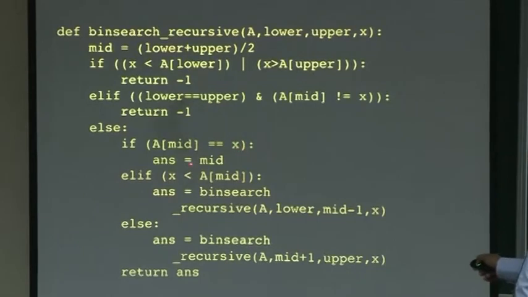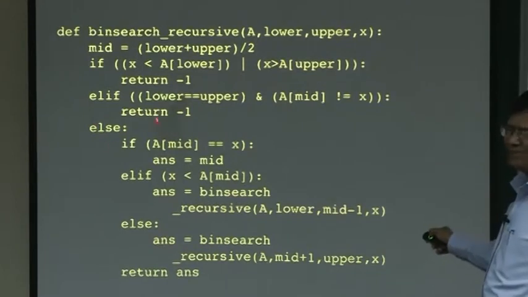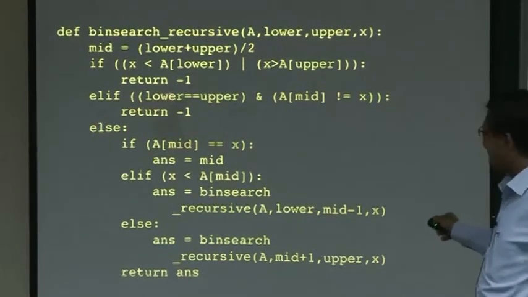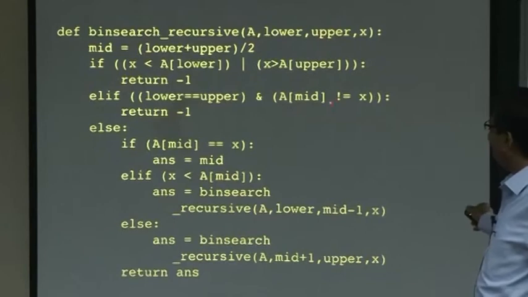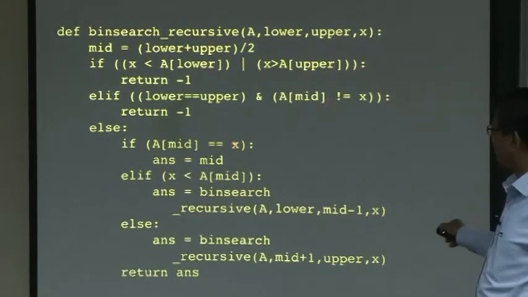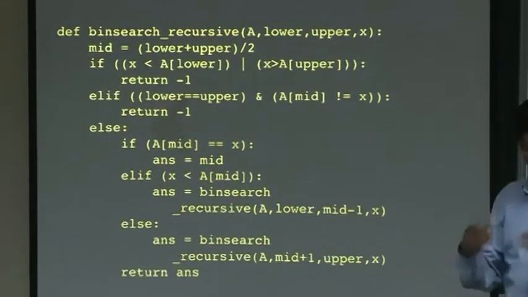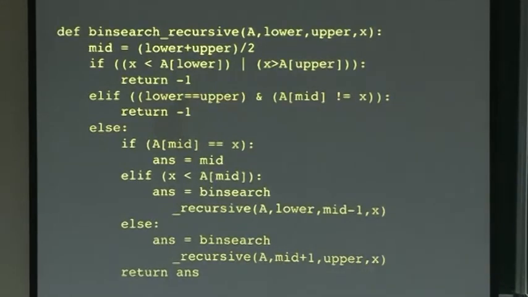If A[mid] equals x, then I got the answer. This will happen when lower equals upper. Of course, you could put more else if conditions, you could make it part of the earlier condition. If you would like to make the code simpler, it is good, it is no problem.